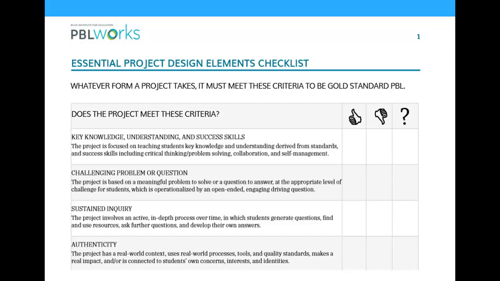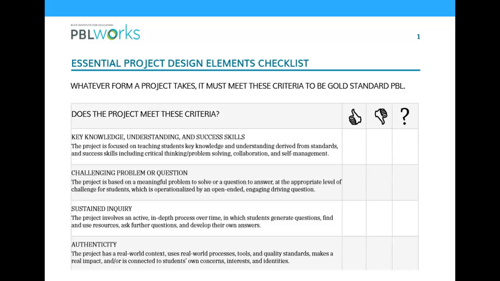Okay, so we've just zoomed in here to the checklist, and again, you should have that in your downloads. Let's take the first one, key knowledge, understanding, and success skills. This refers to exactly what you think it is. This is making sure that the project is focused on key knowledge and understanding that comes from our standards, but that there's also success skills that include things like critical thinking, problem solving, collaboration, self-management, confidence, those things that, you know, in the tiny house project she talked about having good posture when you talk to people, eye contact.